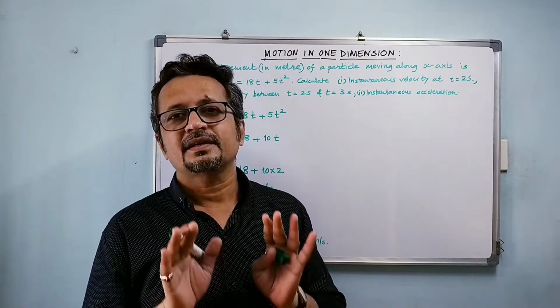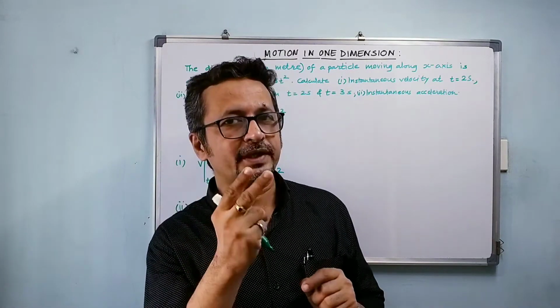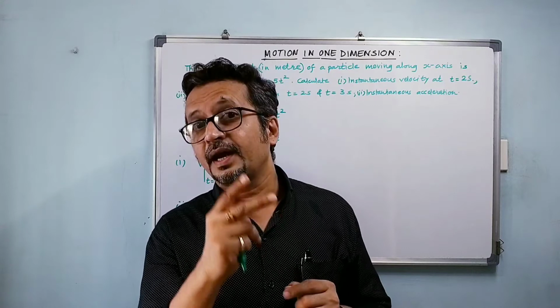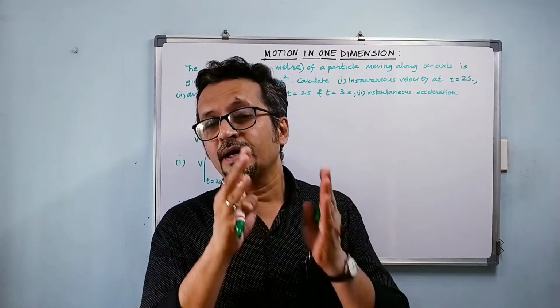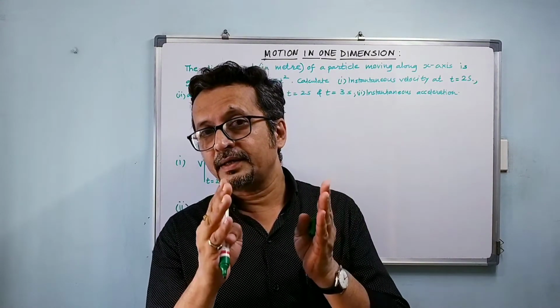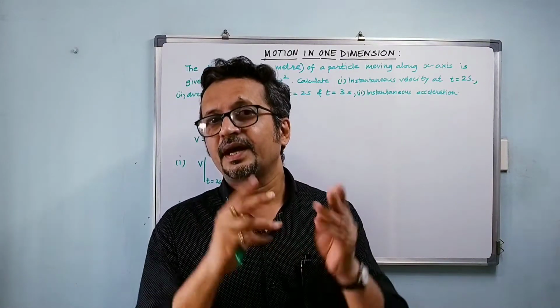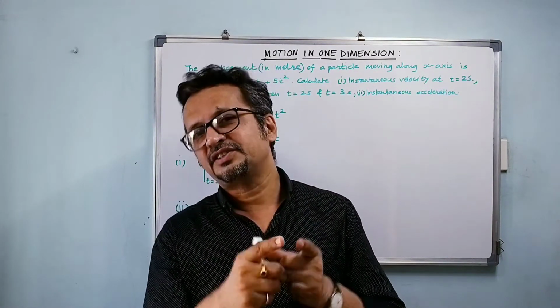For that I'll find the displacement at t equals 2 seconds and at t equals 3 seconds, then find the change in displacement and divide that by the change in time.